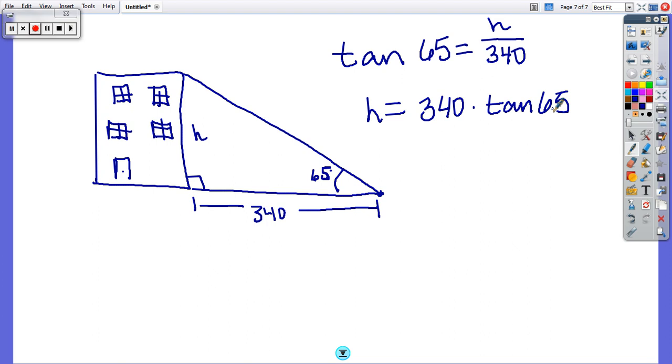And once I multiply all that out, I get h is approximately equal to 729 feet. Pretty easy once you know everything about sine, cosine, tangent, and all the other trig functions. That's it for this section. In the next section, we're going to be talking a little bit more about trig functions and how we can use them to find different angle measures.